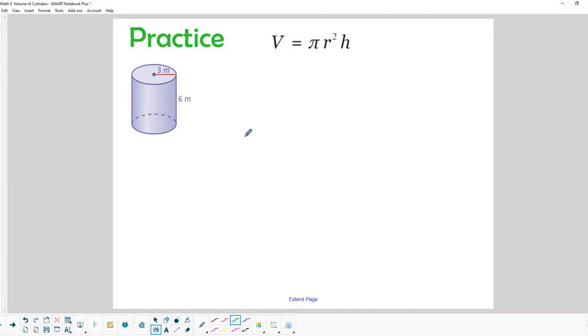Okay, for our next one, we've got volume equals pi r squared times height. So remember 3.14. R is 3, so we're going to put that in there. 3 squared, and the height is 6. So bring our calculator back in, clear it out.